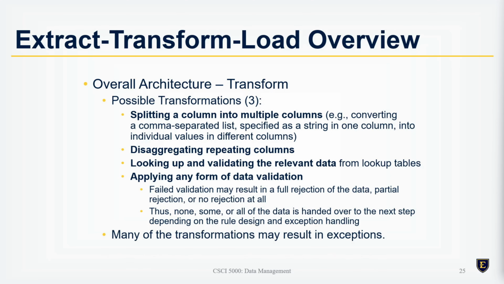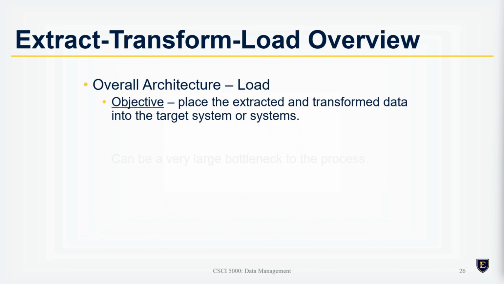Many of the transformations may result in exceptions, so you have to come up with methods for handling those exceptions in your transformation process. Finally, the last step is to load that data, and the objective here is to place the extracted and transformed data into the target system or systems.